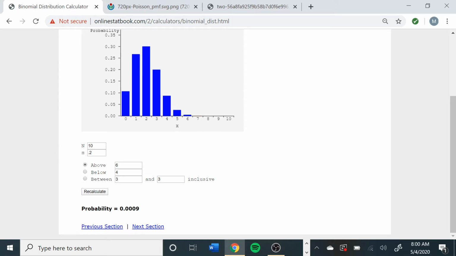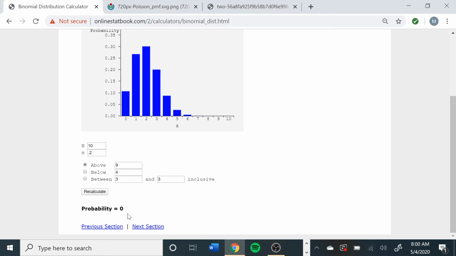And I'm just curious, let's see what happens if we put above 9, so just 10. Notice this says probability 0. It's actually not 0. It has been rounded off to 4 decimals. So the probability of getting 10 is less than 0.0000.